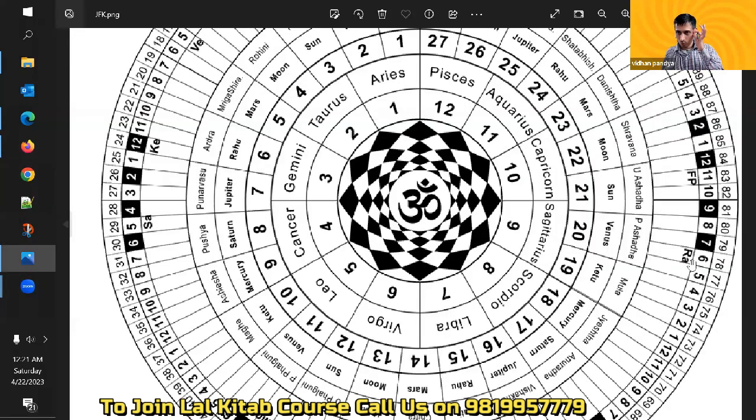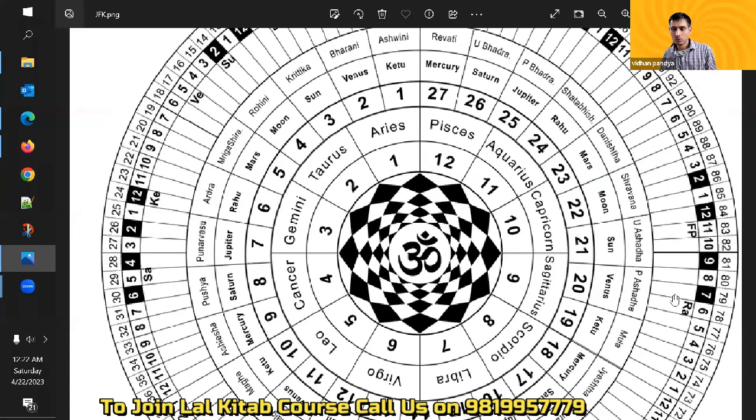Likewise, we'll be able to know a lot of events in everybody's life. It's a very simple, easy to use technique, but you have to keep in mind planets, houses, signs, significators. If you have that basics in your mind, it's not difficult to predict with this technique. As they say, basics are very difficult to master in astrology, but not impossible.